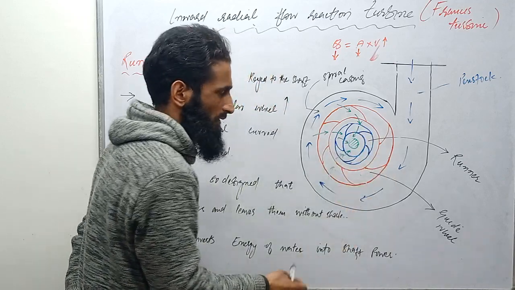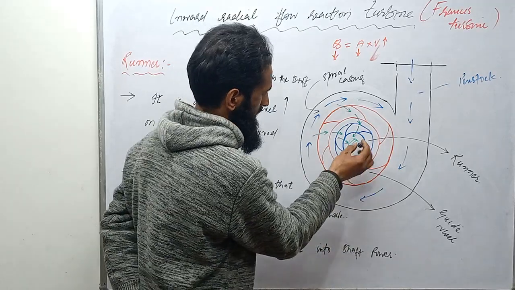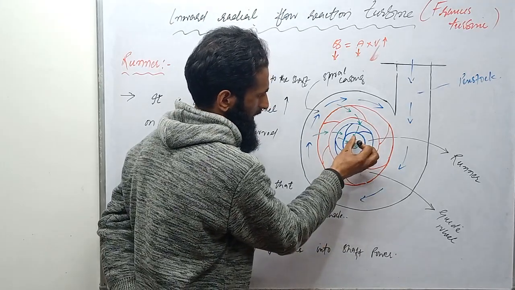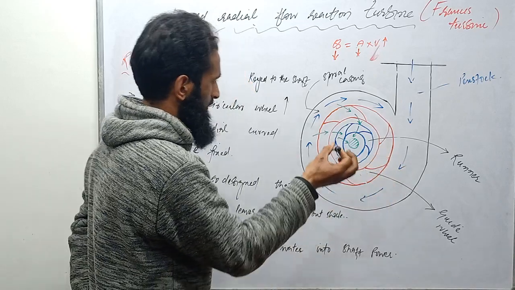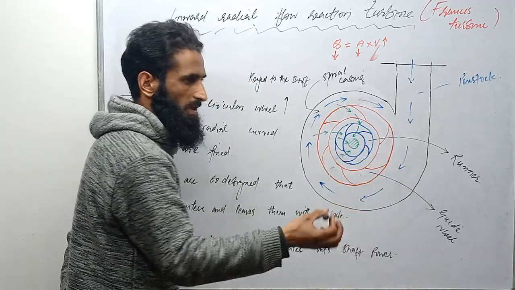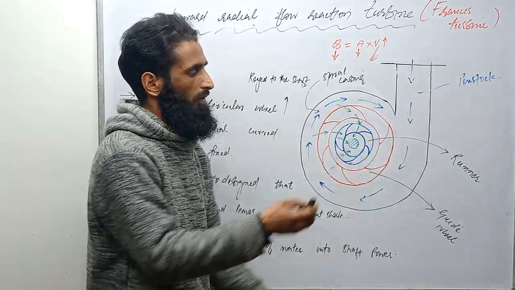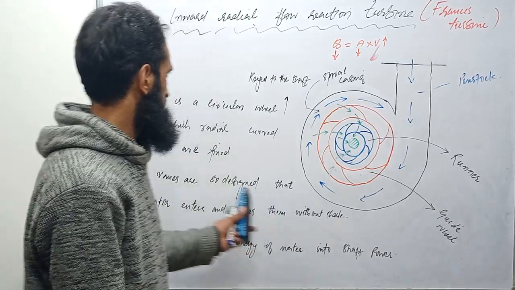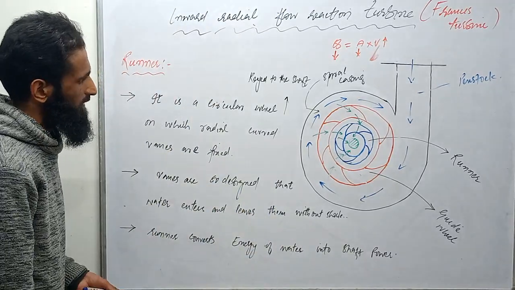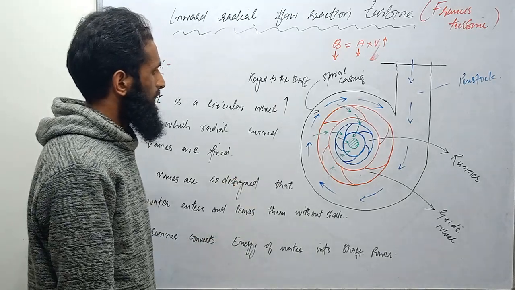The runner rotates, and the rotation of this runner rotates the shaft, and this shaft is connected to the generator. The rotation of the shaft runs the generator, and in this way hydraulic energy of water is converted into electrical energy. So these are the different components of this inward radial flow reaction turbine.